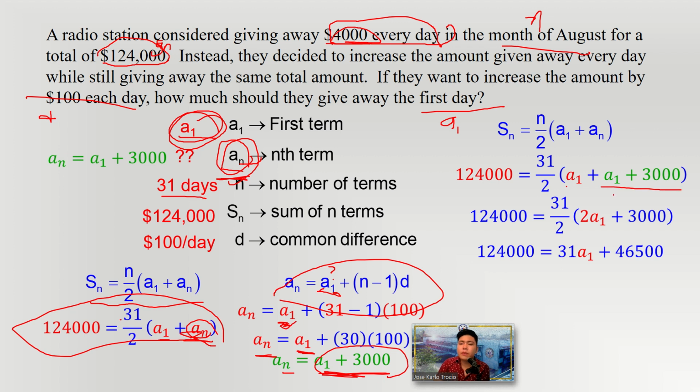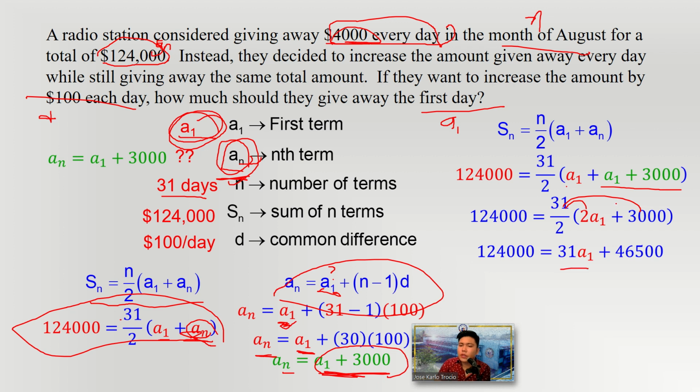So a sub 1 plus a sub 1 is 2a sub 1. Then distribute: 31 times 2a sub 1 over 2, that is 62 divided by 2, still 31 a sub 1.